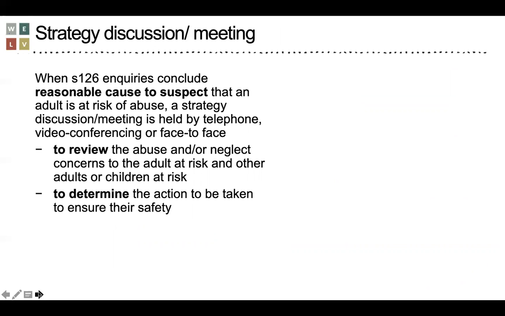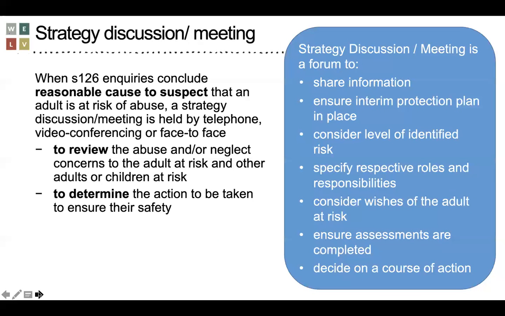The purpose of that discussion or meeting is to review the concerns there are about the individual and to determine the action that needs to be taken to ensure the safety of that individual. The procedures describe a strategy discussion or meeting as a forum to do the following things.